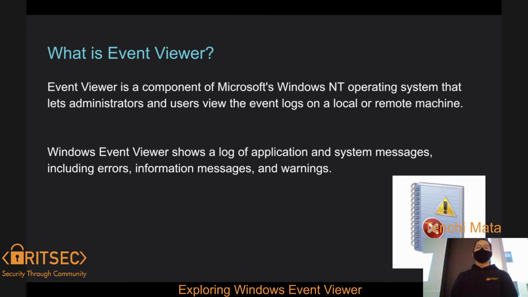Windows Event Viewer shows logs of applications, system messages, and that includes errors, information messages, and warnings. We're going to cover the categories of the Windows Event Viewer, as well as the different types of messages it shows, as well as the Event IDs, which specify what's happening on the system. It breaks it down into different IDs of this is happening and this is happening.